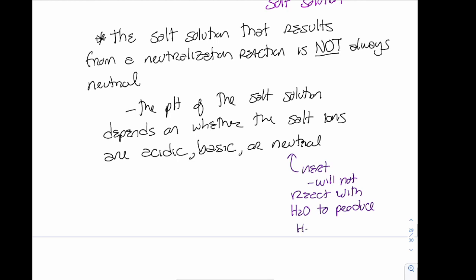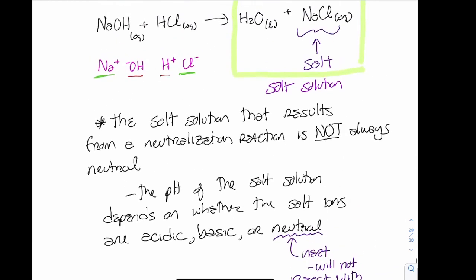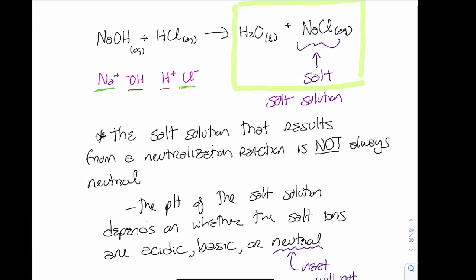Remember, when we determine if something is acidic, basic, or neutral, we're looking at the relative hydronium ion concentration to hydroxide ion concentration. So if it's neutral, basically those ions are inert. And in this case, my salt solution is. I have sodium ions, group 1A cation, those are always going to be inert.